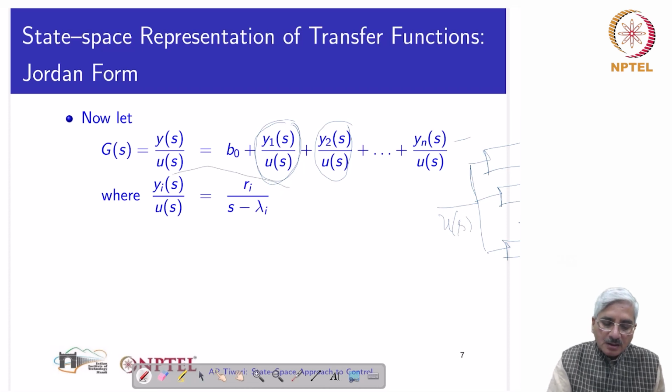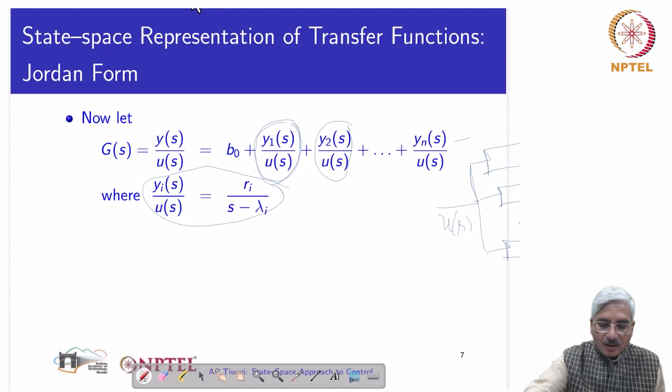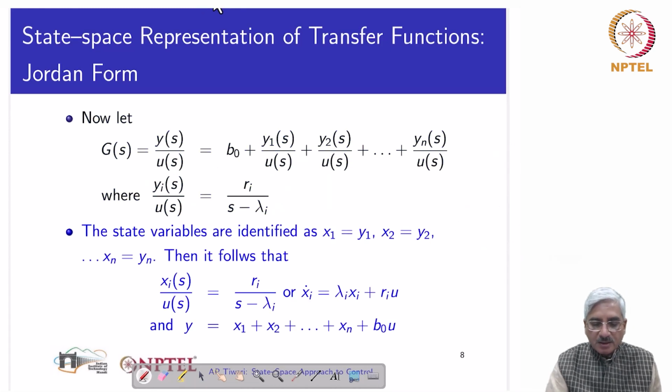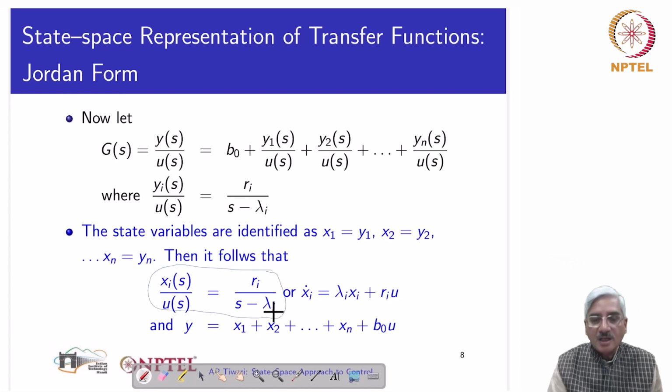So we consider one of them, Yi(s) by Ui(s), which is residue ri divided by s minus lambda i. If we do a cross multiplication of this, and consider one after the other like this, we have Xi(s) by U(s) equal to ri divided by s minus lambda i.